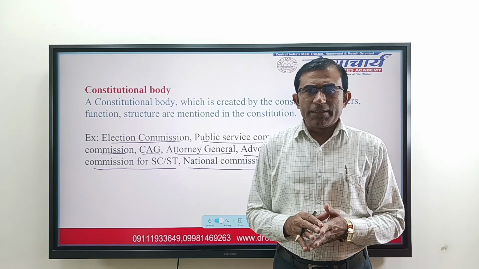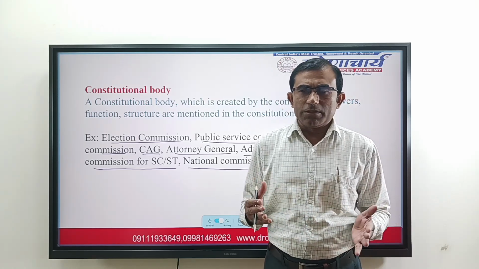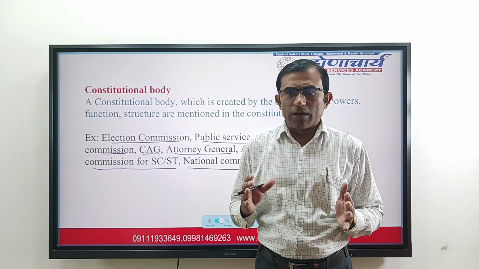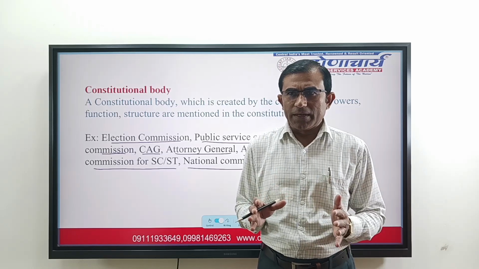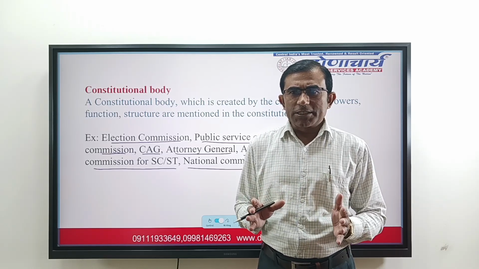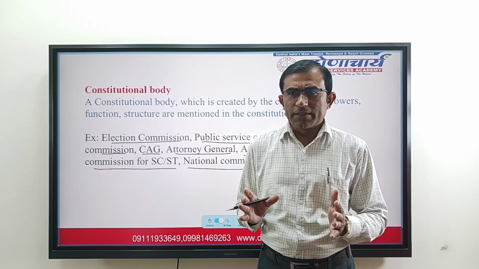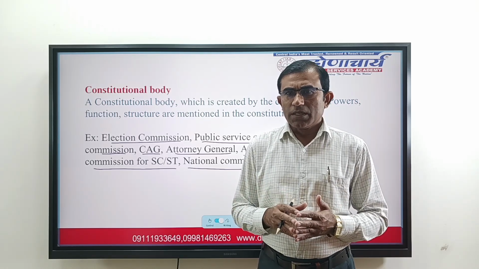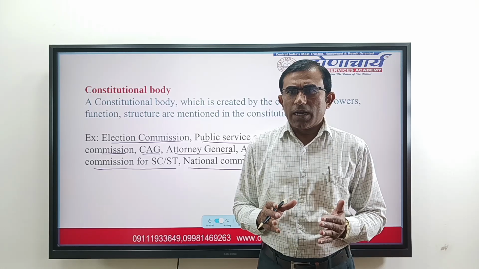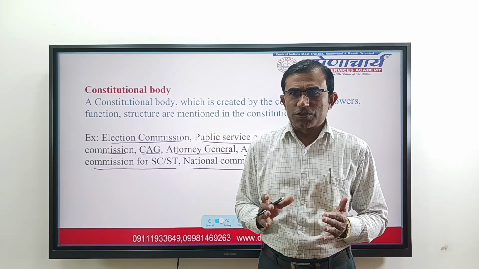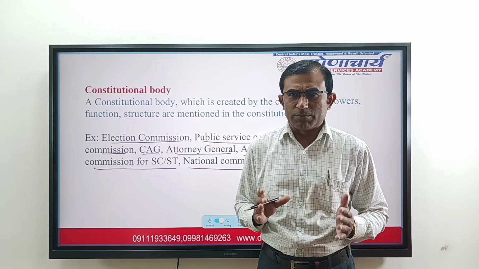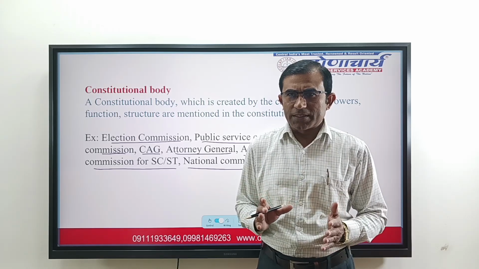These bodies are designed to protect democracy by ensuring transparency, fairness, and accountability. For example, the CAG audits government expenditures and ensures financial accountability. Constitutional bodies also promote accountability by ensuring merit-based recruitment in civil services through public service commissions like the UPSC.